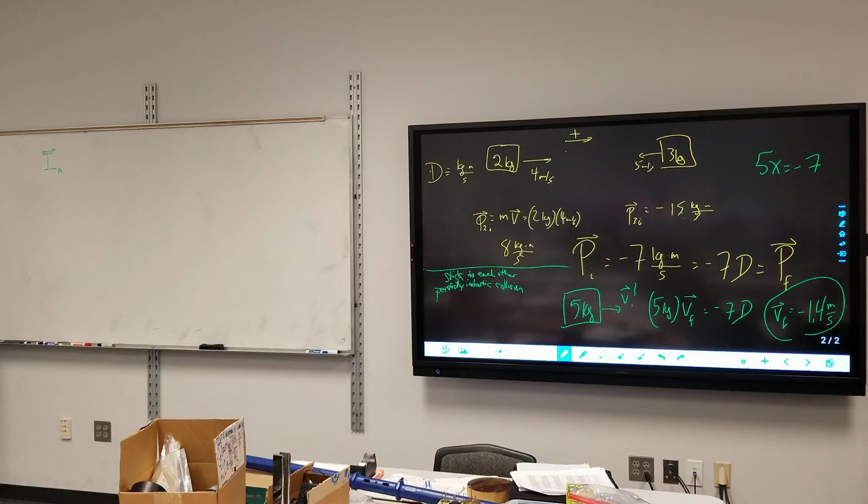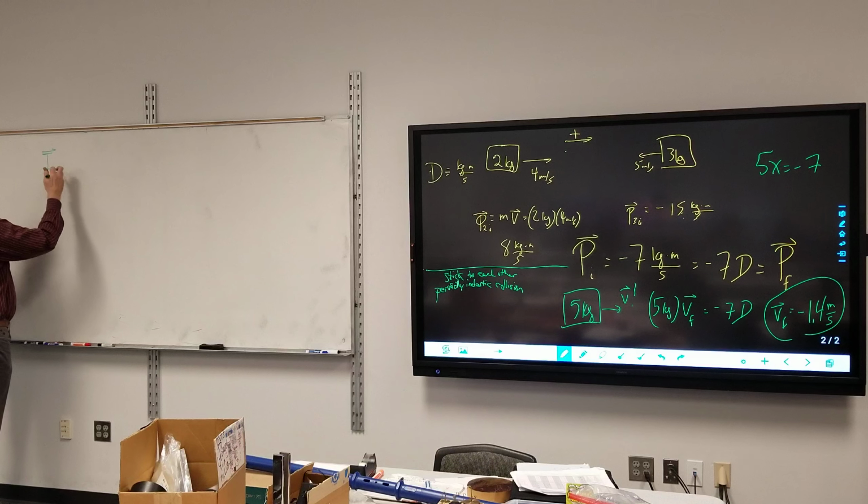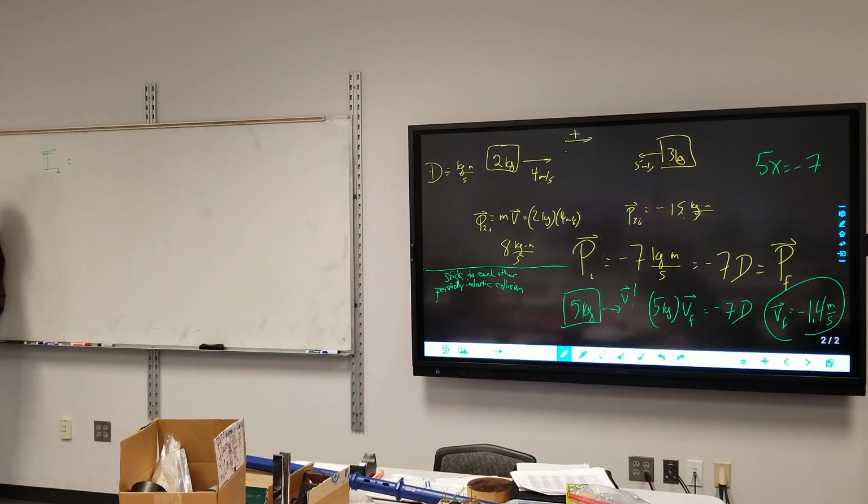What is the impulse on the 2 kilogram mass? Is it the 3 kilograms? We're looking for a number here. Ultimately, it's change in momentum.